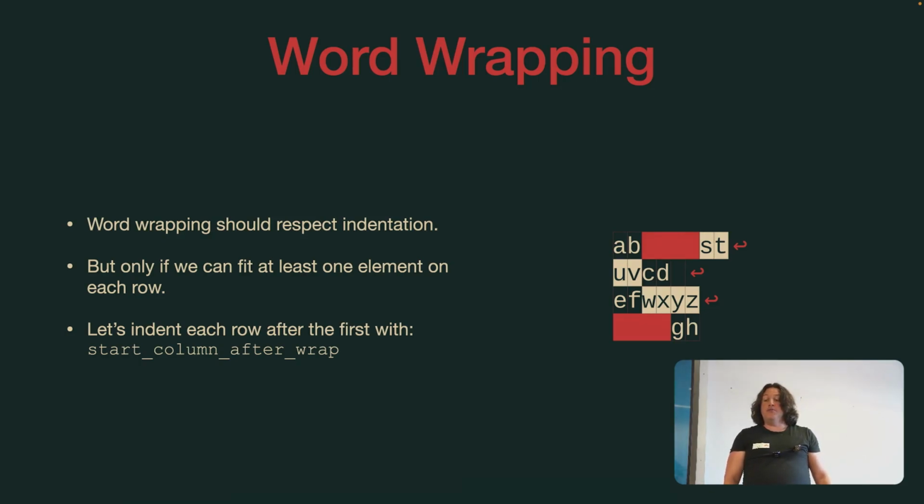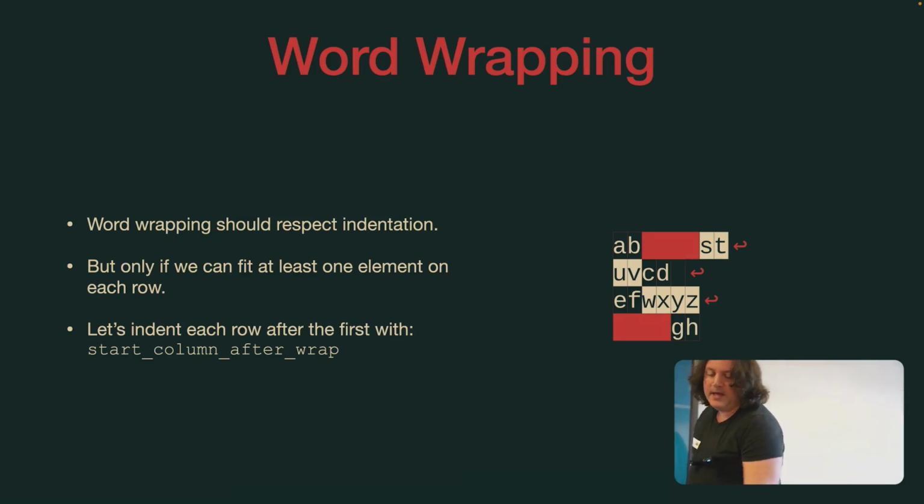But it should only do so if we can fit at least one element on each row. If we can't, then it ignores indentation. It just does everything on the first column. So for that, I have a variable called start column after wrap, which each row after the first will be indented with. If that sounds vague, it'll all become clear when I show the demo at the end of this presentation.